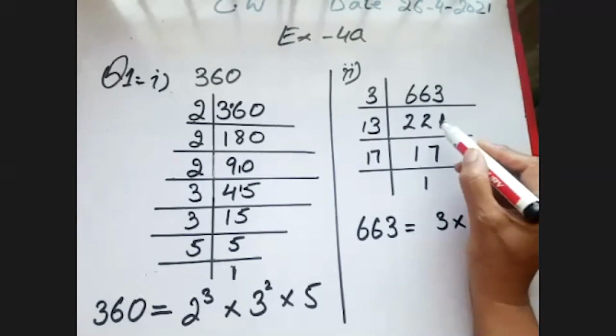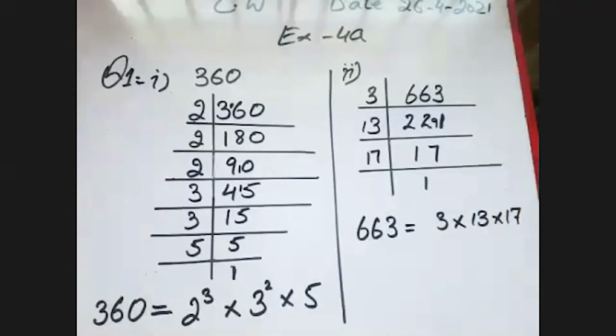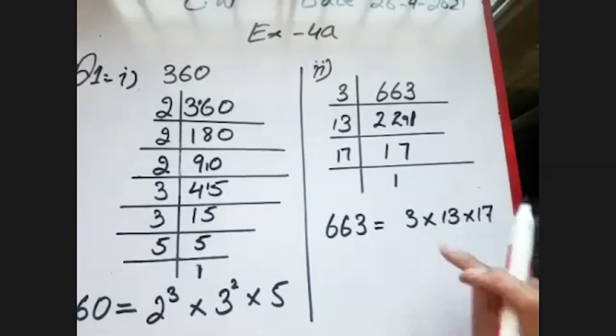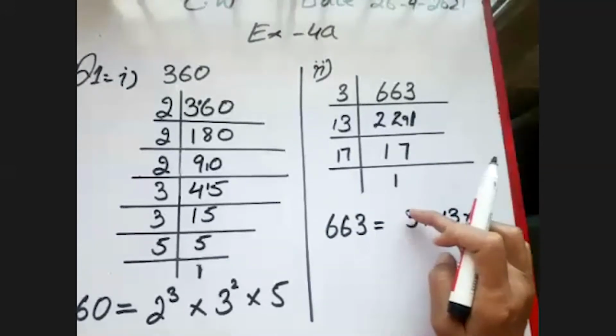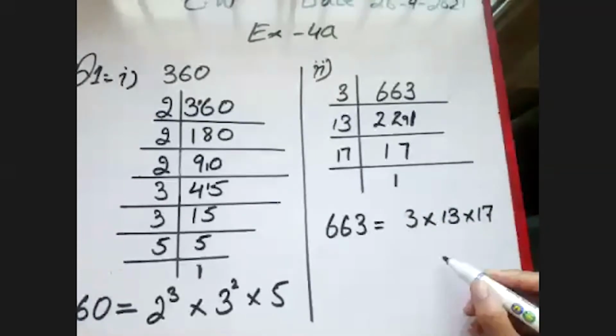There you are left with 91. 13 sevens are 91, and 17 ones are 17. So no power upon any number because they are singular. 3 into 13 into 17. This is the answer to the second part.